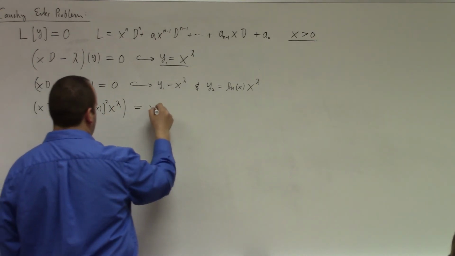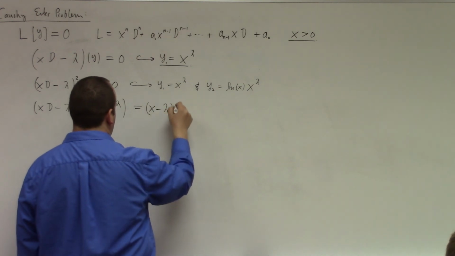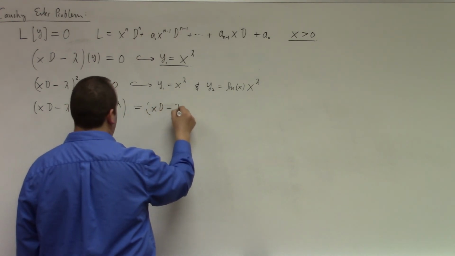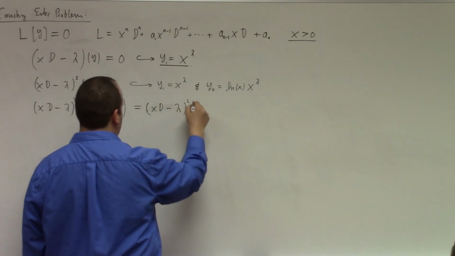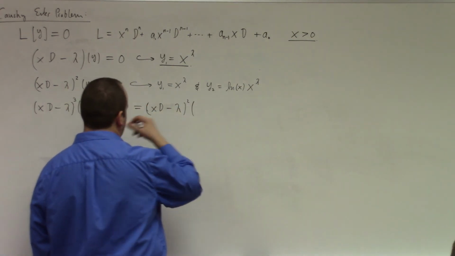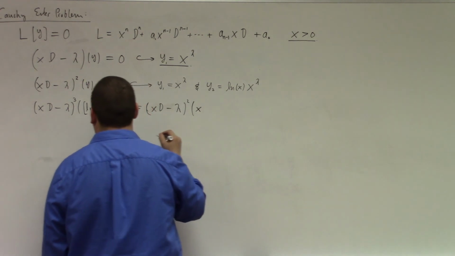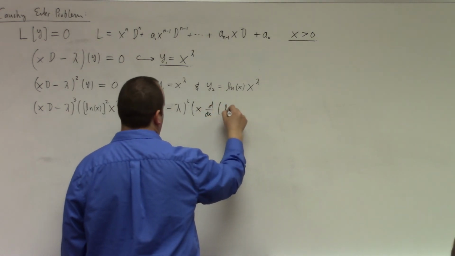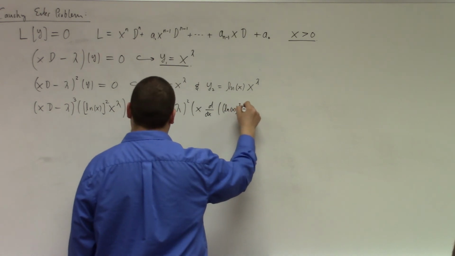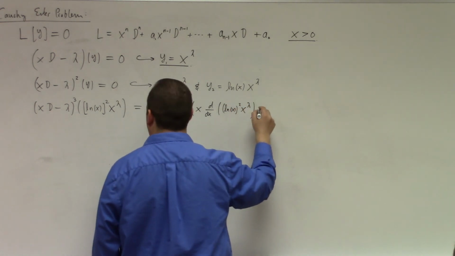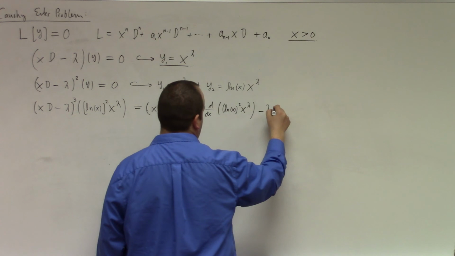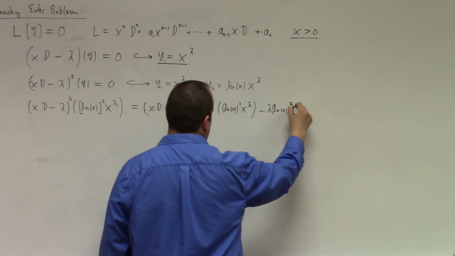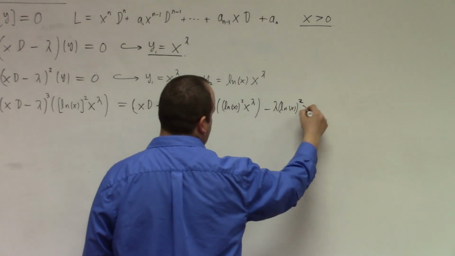So that's xd minus lambda quantity squared, and then we've got x times the derivative with respect to x of natural log of x quantity squared times x to the lambda, minus lambda natural log of x quantity squared x to the lambda.